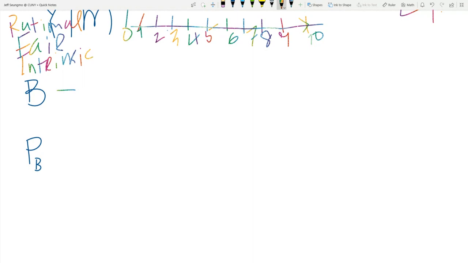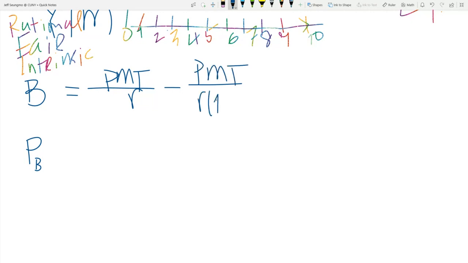So we already know the formula: coupon payment over R minus payment over R times (1 plus R) raised to N, plus the face value term.